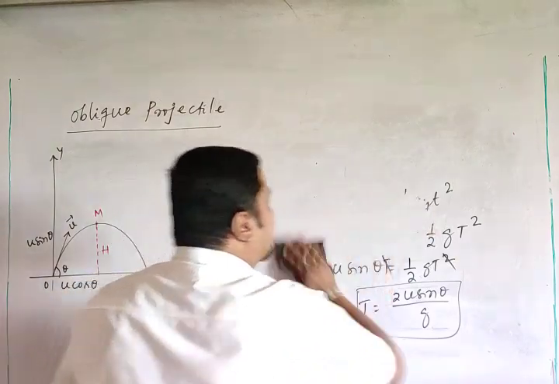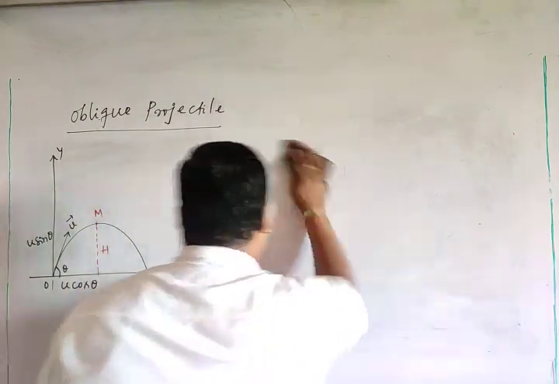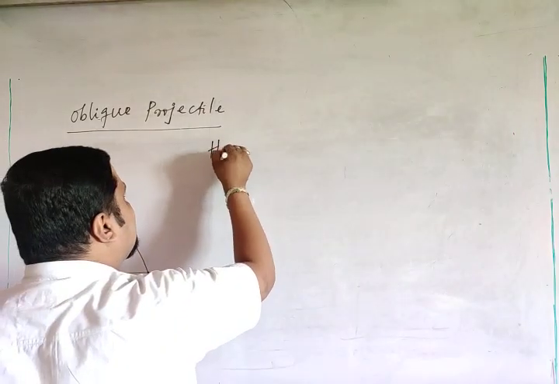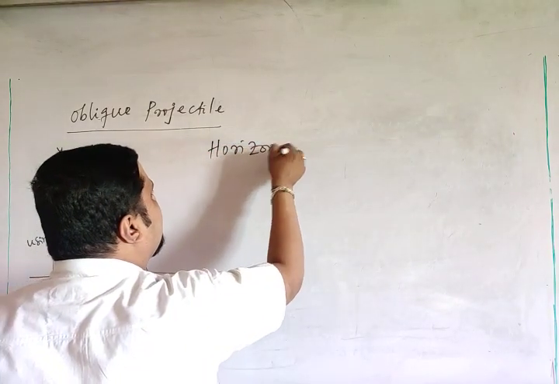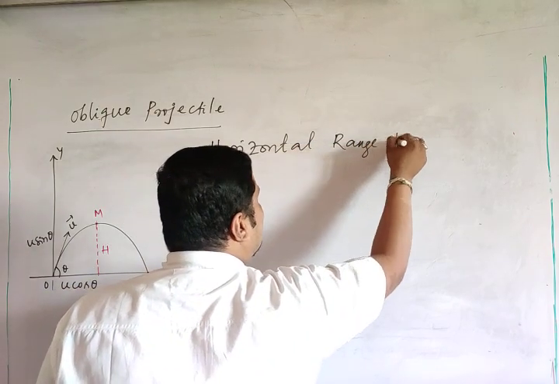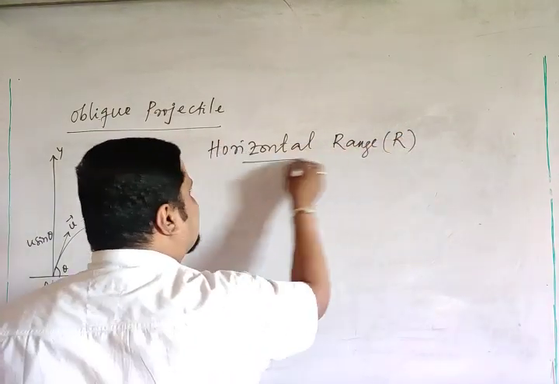Next we will calculate the horizontal range, generally taken as R. What is this horizontal range?